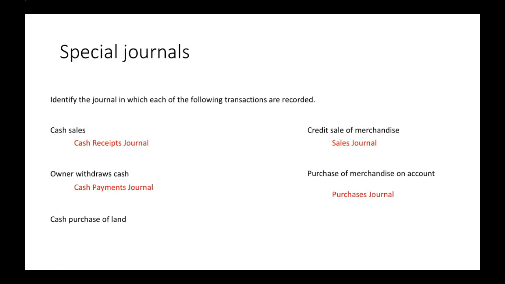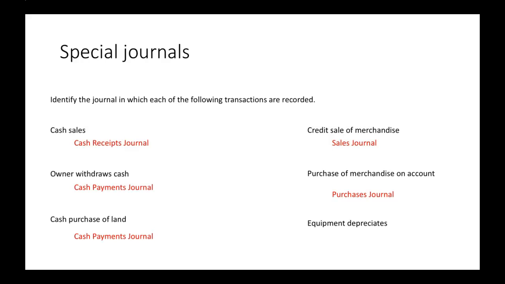The answer is yes. So we know it's either the cash receipts journal or the cash payments journal. And if we are purchasing land with this cash, that means that we are paying for that land, so it's going into our cash payments journal.